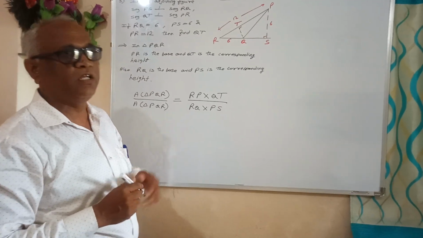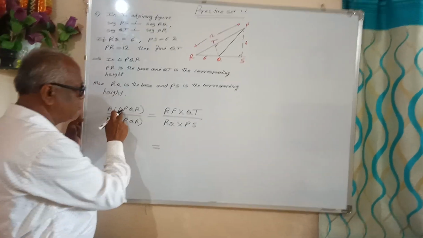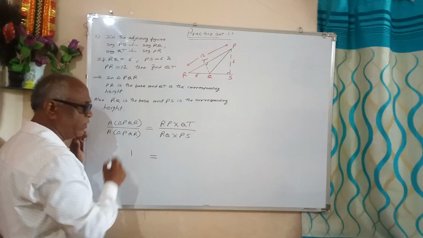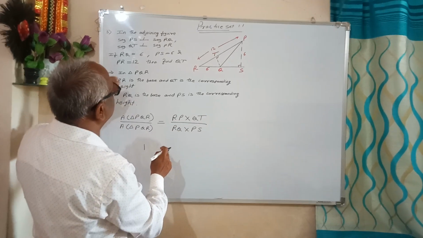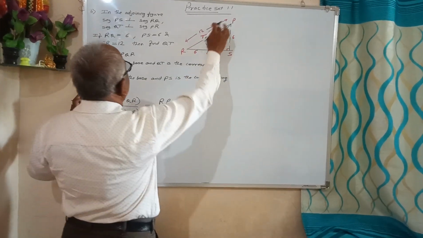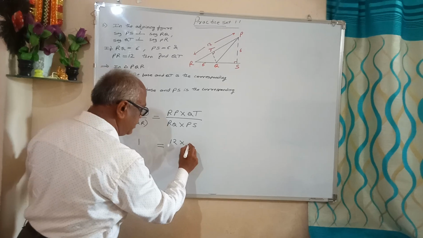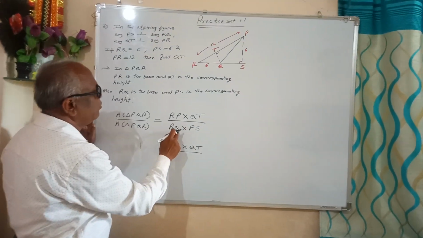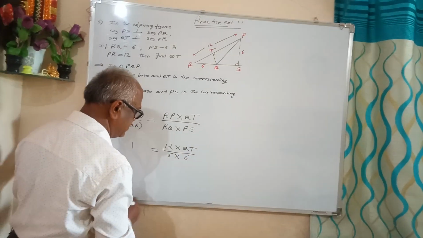By using that property we are solving this. Now here the triangles are the same, so their ratio is equal to 1, which is equal to RP, it is given, RP is 12 into QT, that we are going to calculate, upon RQ is 6 into PS is 6.